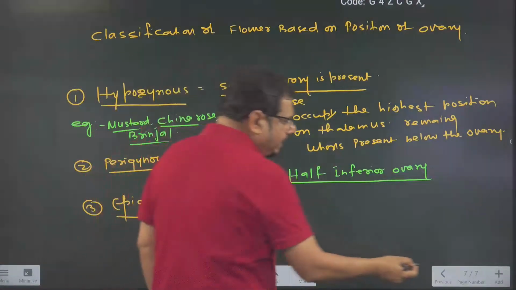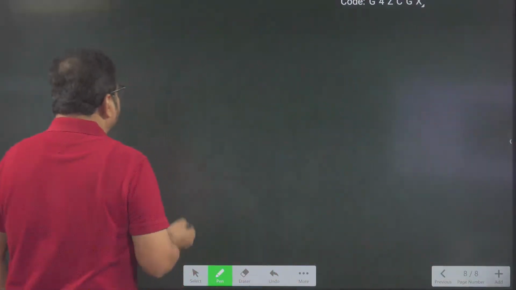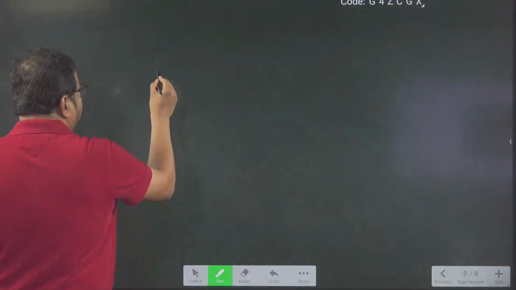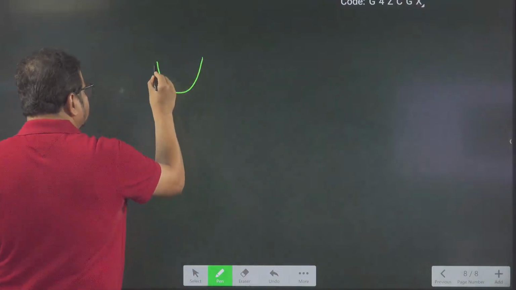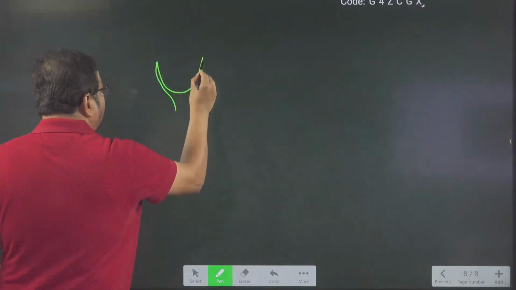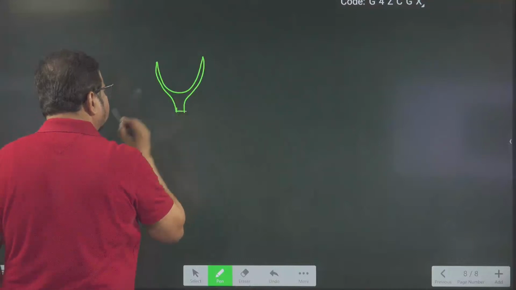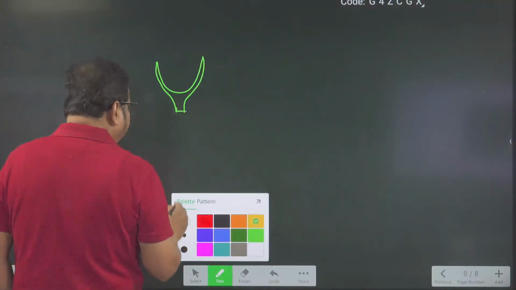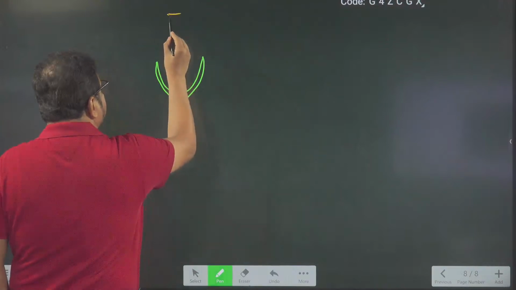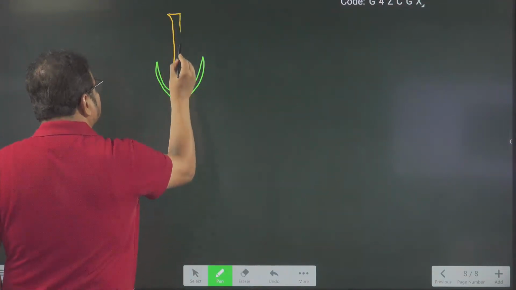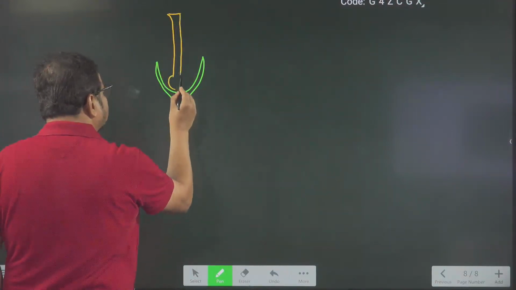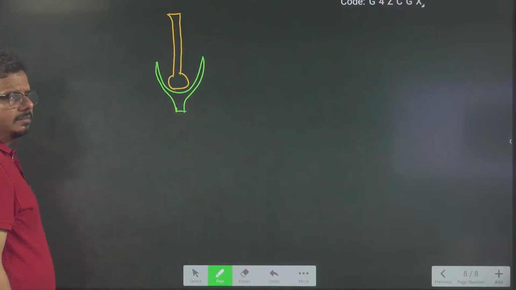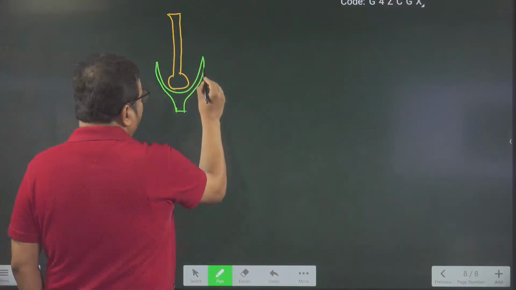Let me explain with the help of a diagram. So I am making the diagram of perigynous condition here. See, this is the thalamus, like this. And this is the ovary. Got the idea? So this is the rim of the thalamus.